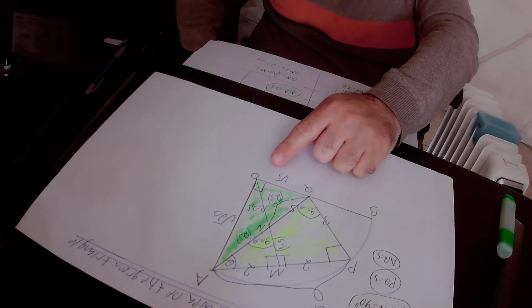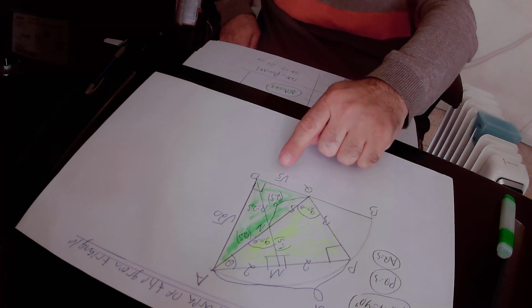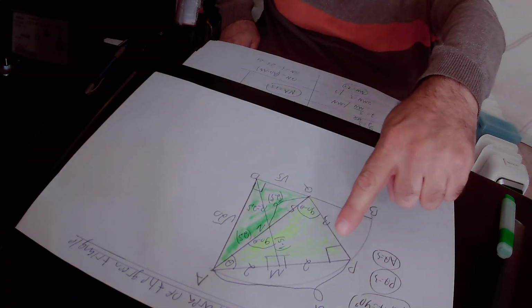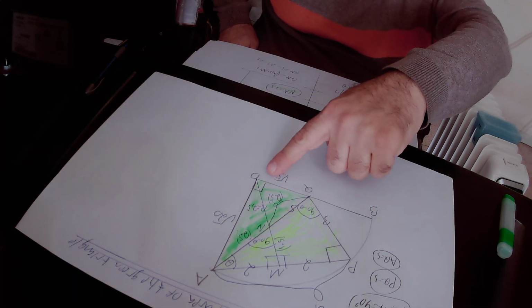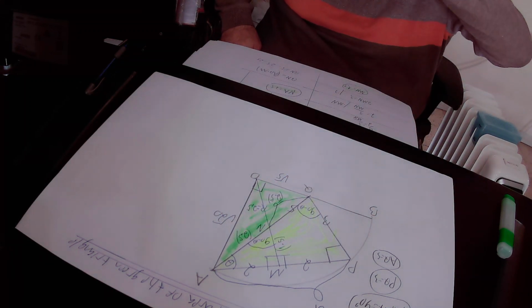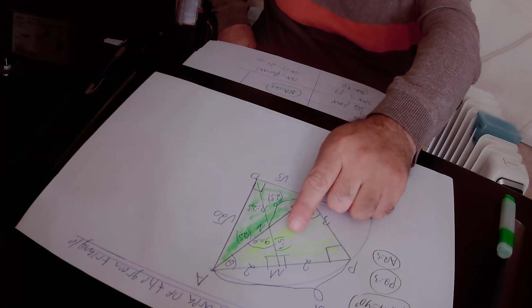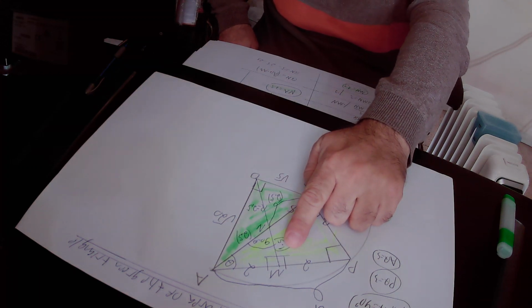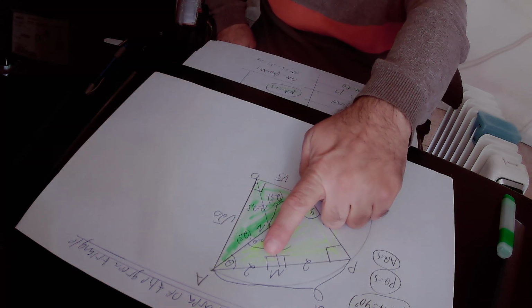From the center of this circle, that is to say from point O, we draw a perpendicular on chord AP. So this angle equals 90 degrees, and this angle equals 90 degrees according to our construction.